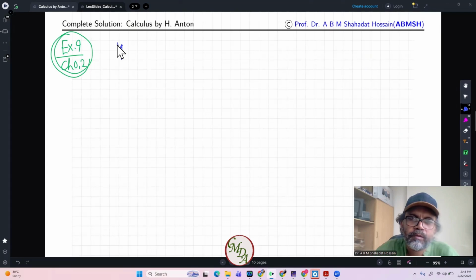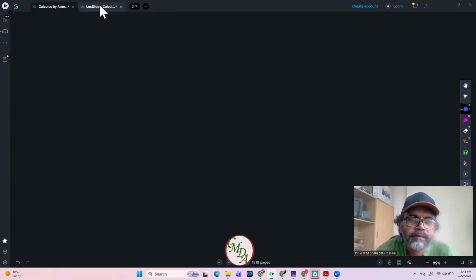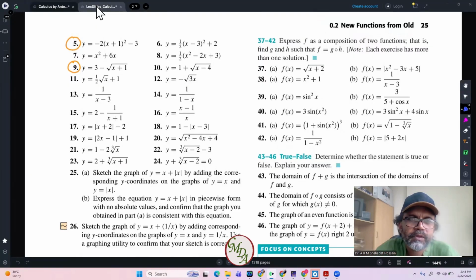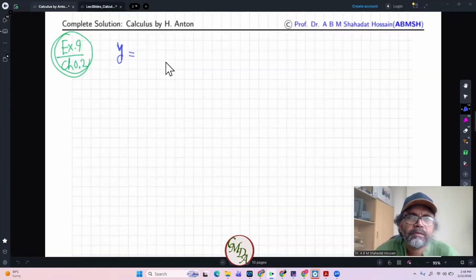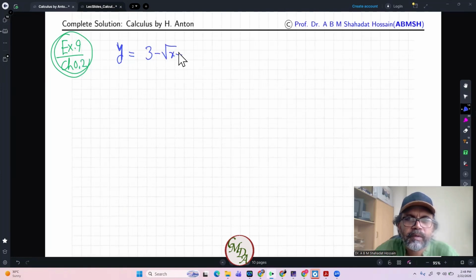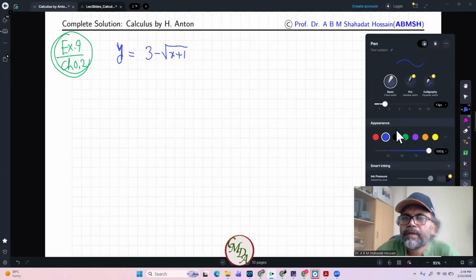Y is equal to, here you can have a look again, 3 minus root over x plus 1. So we can do it a little bit different way here.